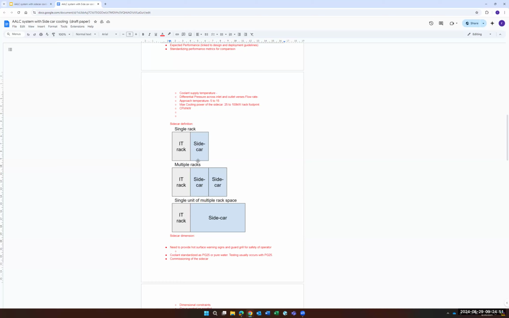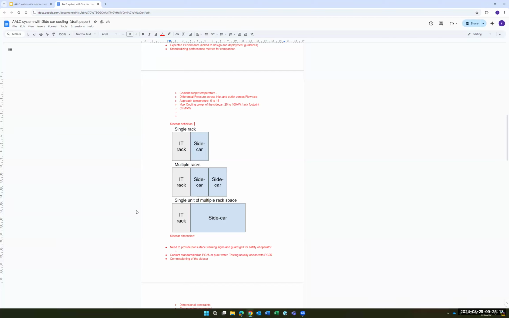That's what I'm trying to convey here, and also capture appropriately. Like you can have a single big sidecar that can then cool maybe multiple IT racks.